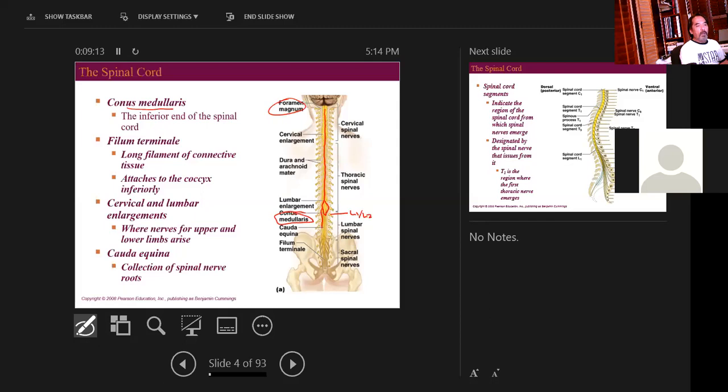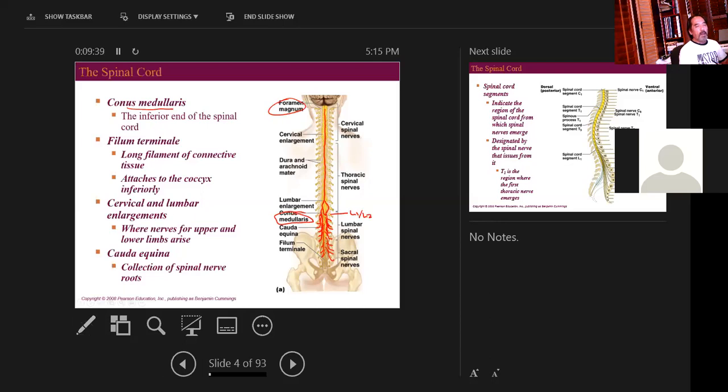There are still nerves going down to the different holes of the vertebrae, called intervertebral canals or intervertebral foramen. They still go out to the side, and to the sacrum. If you take a look at it, it looks like a horse's tail.